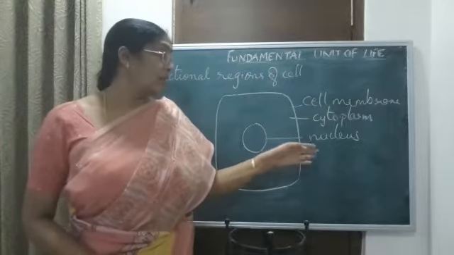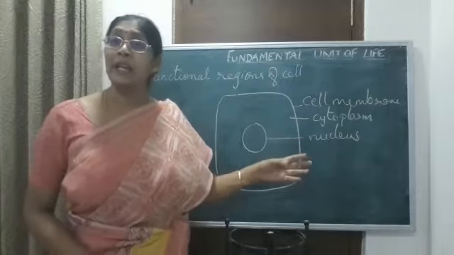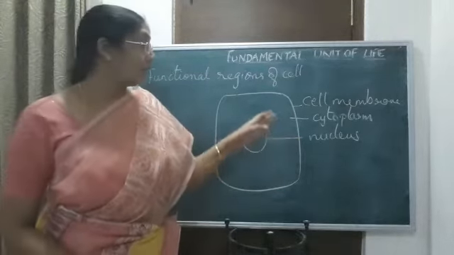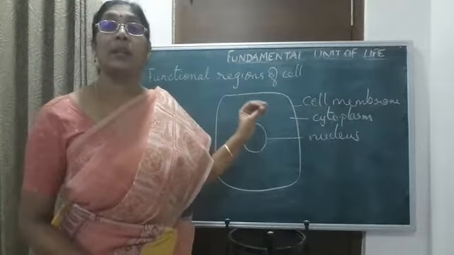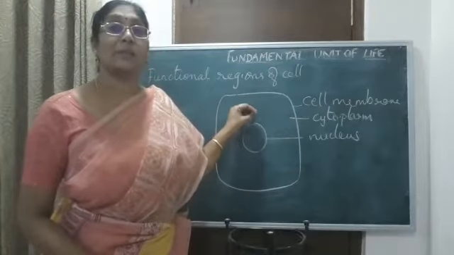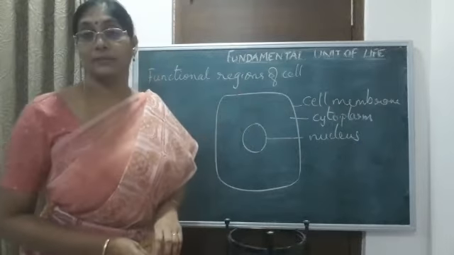So there will not be any protection to the cell if there is no cell membrane. So the second function is that the cell membrane protects the content of the cell, that is, the protoplasm, the cytoplasm and the nucleus.